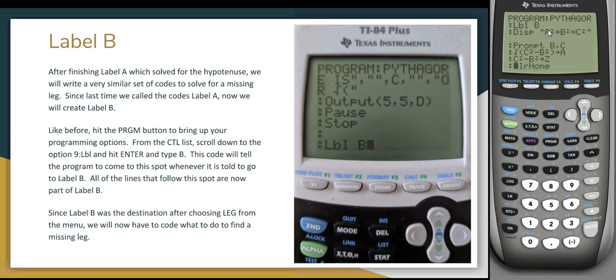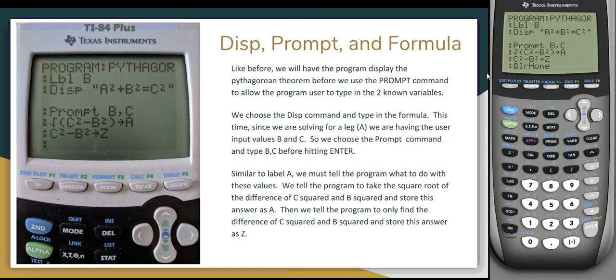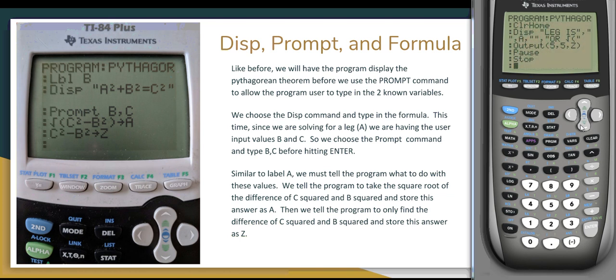Next we will go to label B, which essentially we type in everything the exact same. The only difference is, again, here is that formula. Now we are putting in B and C. C squared minus B squared, square root of all of that gets stored as A, or C squared minus B squared gets stored as Z, and then of course we clear home again. The reason we do it that way is because this time we're looking for the leg.